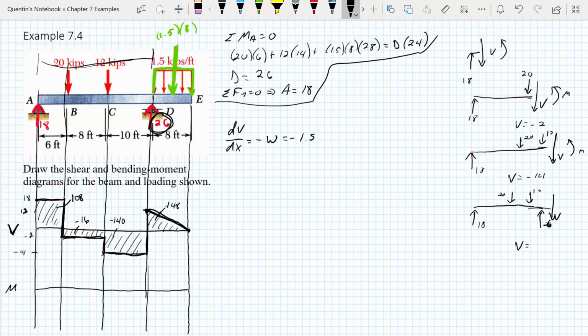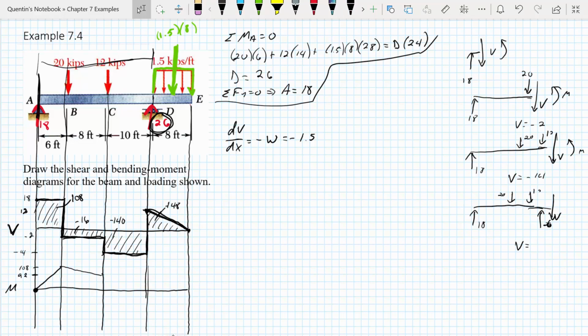So why does that matter? Well, because now we can come in here. The bending moment at this initial point is going to be 0 because there's no moment there, right? So we're going to start at 0. We went up by 108 in that area, so our bending moment goes up to 108. And then it drops by 16, so it's going to come straight down to there. 108 minus 16 is 92, so we'll call this 92.